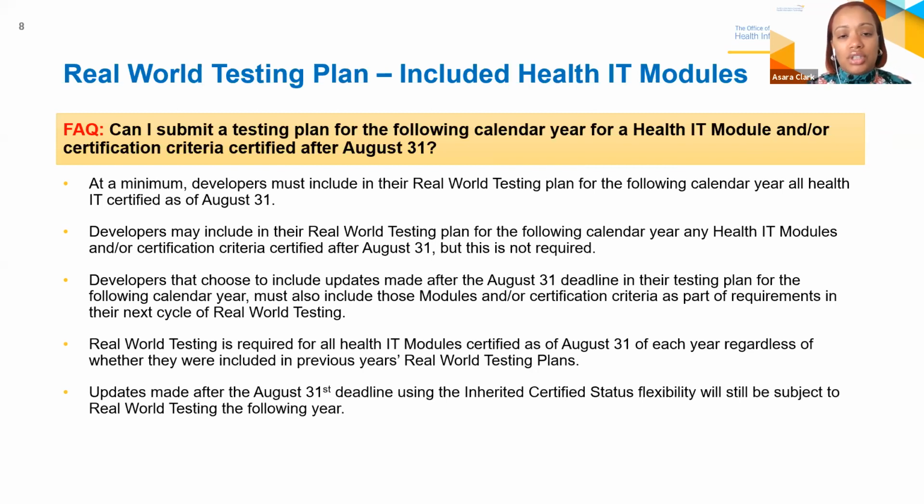Developers that choose to do so should understand that it's going to continue in the next cycle of real world testing as all other health IT that are still actively certified under the program, okay? So this is just something that we've been asked. So we like to cover it here so that you're not prohibited from doing so, but just keep in mind, you must include all health IT modules certified to the applicable real world testing criteria as of August 31st of each year.